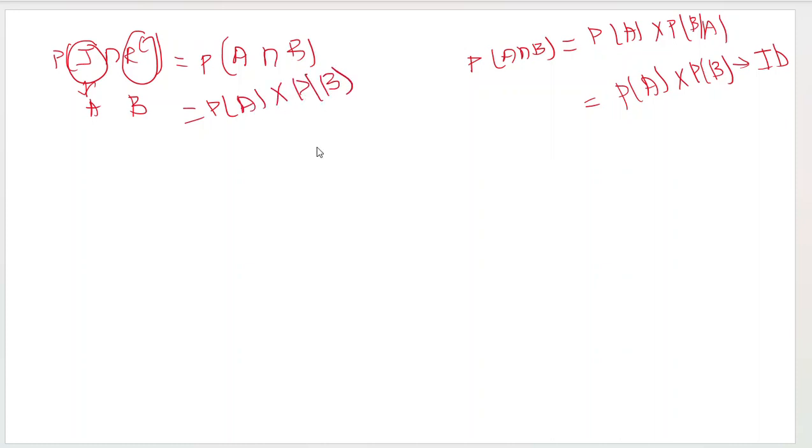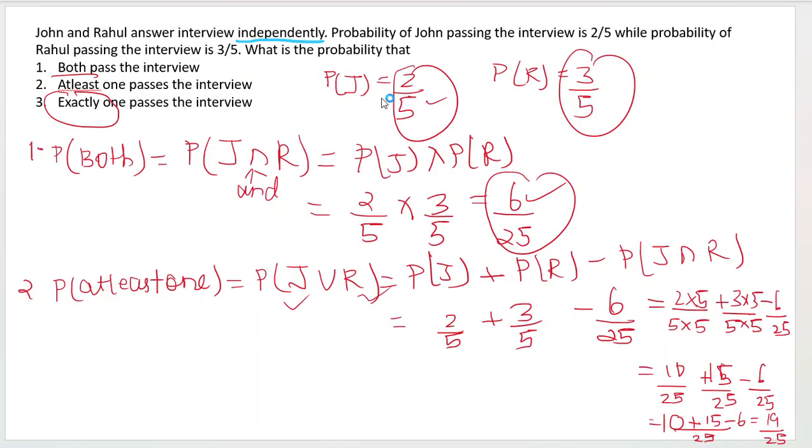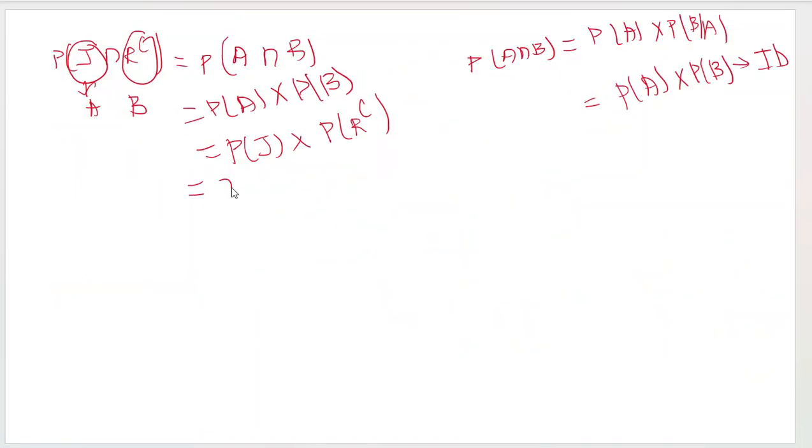Now we replace back. In this case, your A was J, so this A gets replaced by J. Your B was R complement, so we get P of R complement. If you see your question, P of J is given as 2 by 5, which we insert over here, but P of R complement is not given to us.